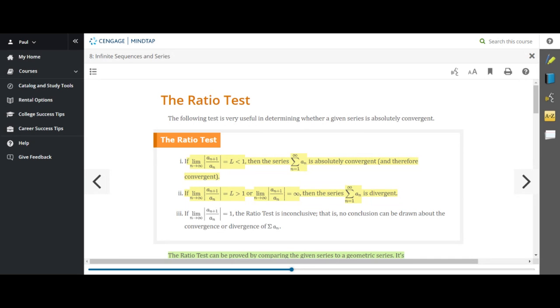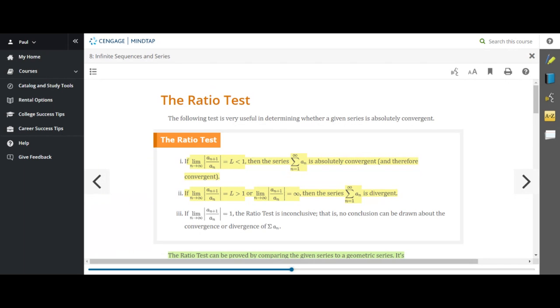So what you're doing here is trying to see if the terms of your series, as n gets large, behave like a geometric series. Because remember, in a geometric series, the common ratio is found by taking a term of the series and dividing it by the previous term. And in conditions 1 and 2 of the ratio test, that's what you're doing.